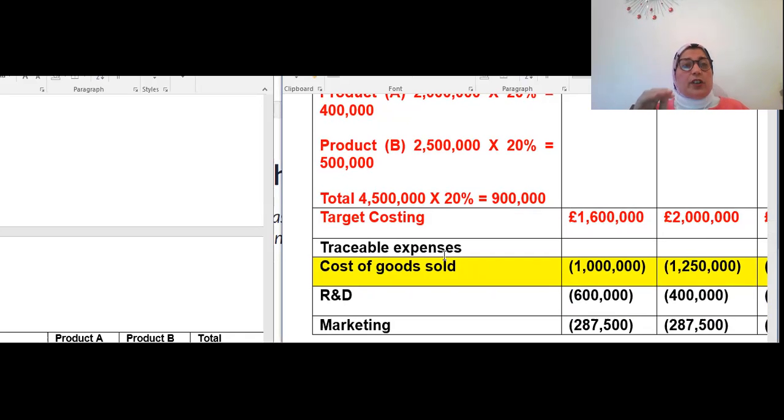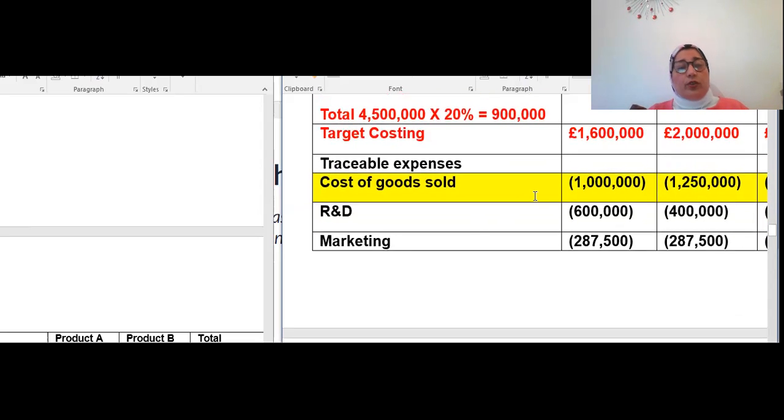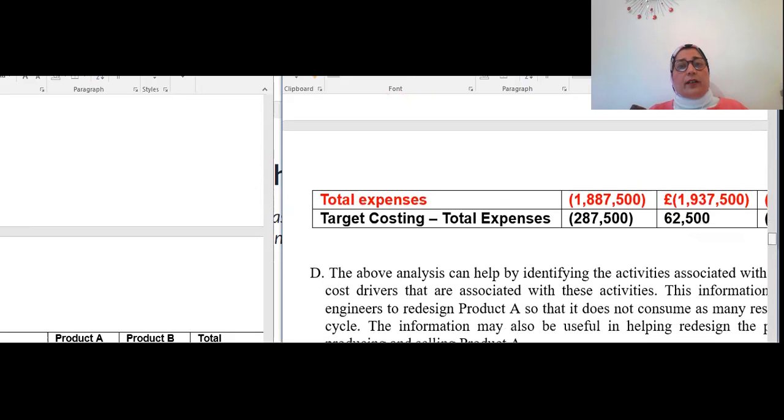But with the target costing one, once you calculate the target costing, just list all the expenses, but the first item should be cost of goods sold. And this is why I highlighted it yellow, because again, under final exam situations, students miss cost of goods sold, right? And then you list research and development, marketing, you add all of them together, and this should be the total expenses.